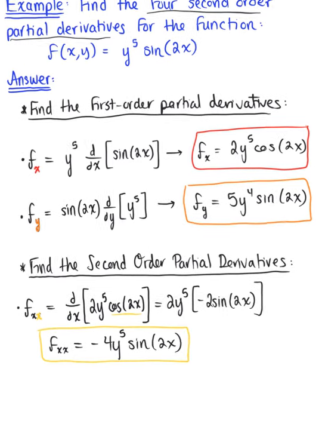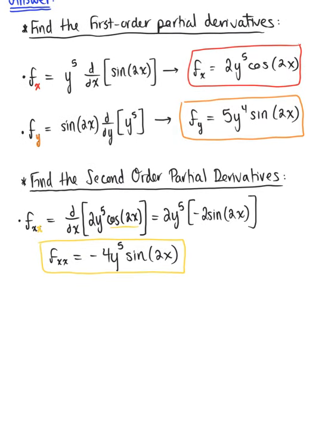And so we have one more with this first order partial derivative. We now want to find the second order partial derivative f sub xy. So again, it is essential here to keep in mind what we are differentiating with respect to. Well, here we are differentiating with respect to y. So we have d dy. We are taking the partial derivative with respect to y of the first order partial derivative with respect to x, which is 2y to the 5th cosine of 2x.